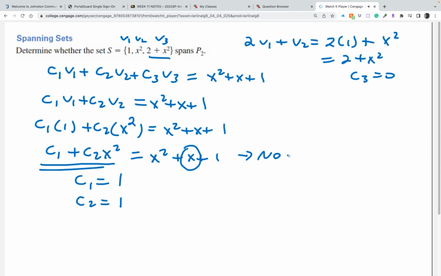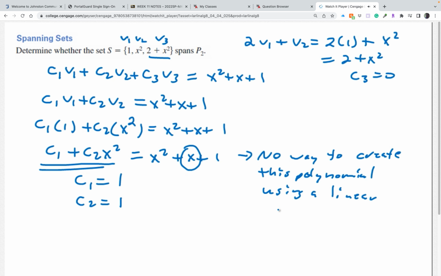But then we can see that from these two vectors, we don't have anything involving x. So there's no way to create this polynomial using a linear combination of the vectors v sub 1 and v sub 2, because none of the vectors have x, which is going to be necessary in order to span P2.